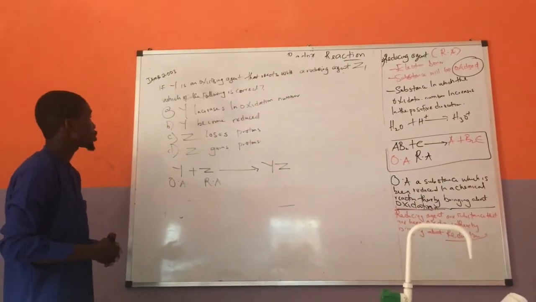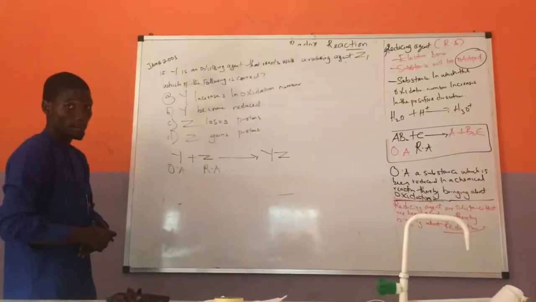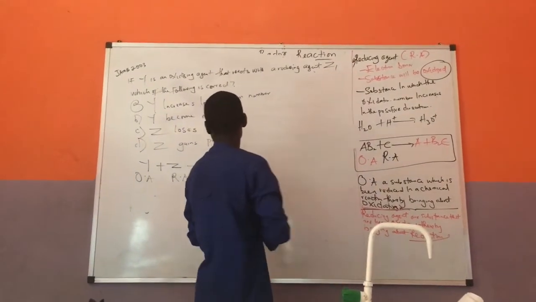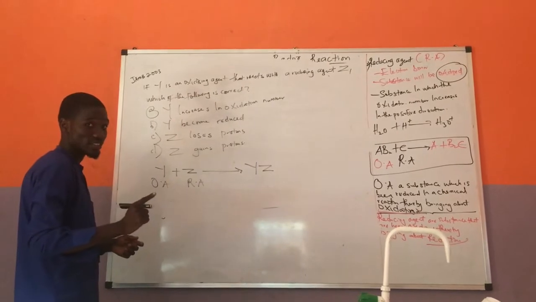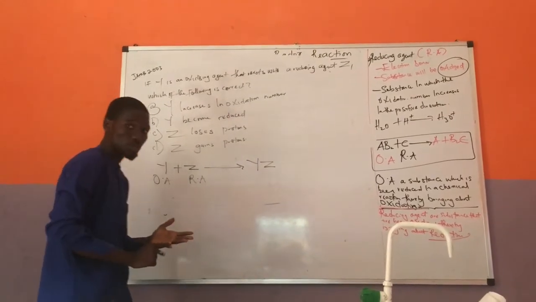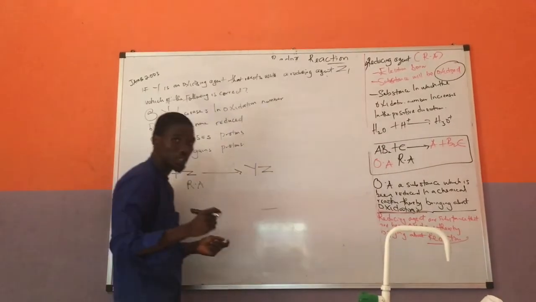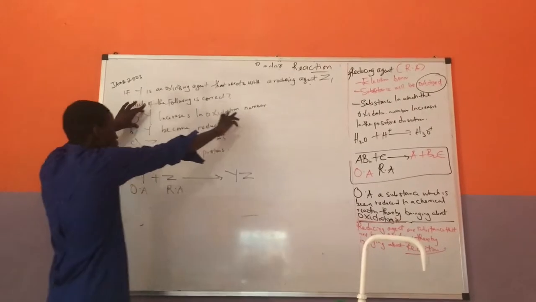Which of the following is correct? So now, Y increases in oxidation number. Don't forget that for every oxidizing agent, the substance is being reduced. There is a decrease in the oxidation number.